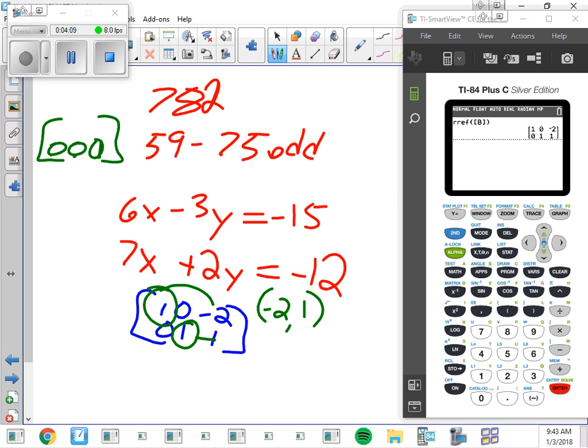Okay, so the way we did that, we went into second matrix, and we went over to edit, and then you just pick a matrix. You enter its size, which in this case is 2 by 3. You enter the numbers.